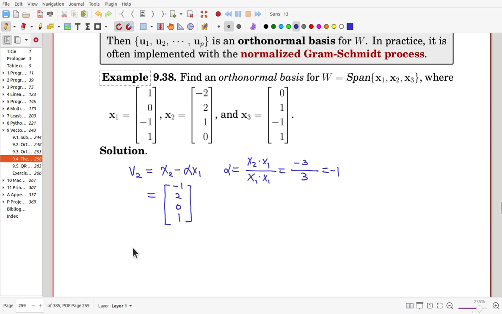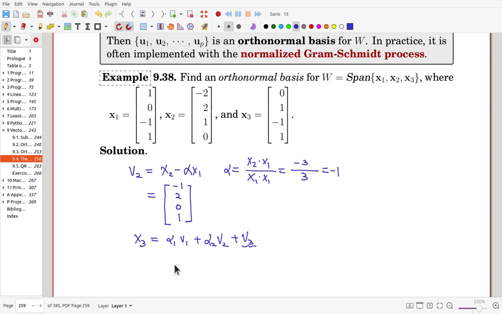Now V3, okay, first we can project, let's start with x3. x3 must be projected with alpha 1 and V1. Of course, x1 is V1, plus alpha 2 V2, and then here V3. We have to get that one.